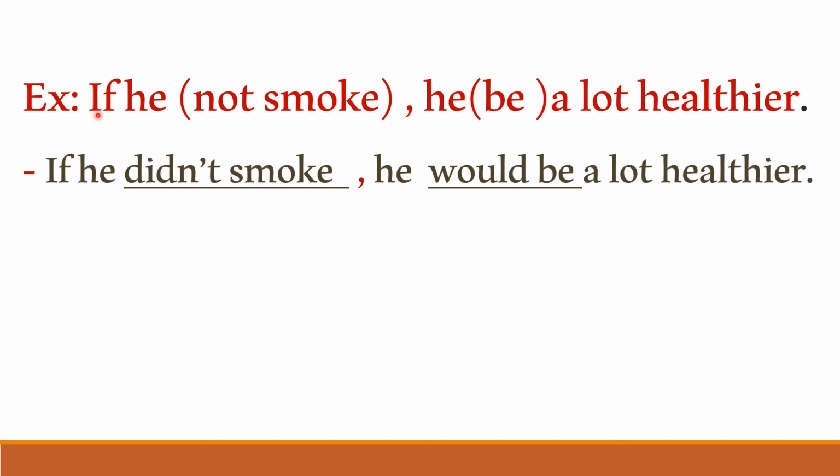After if we put the past simple, subject and verb: he is the subject. But we notice here not, and the verb smoke. So it is negative. In the past simple, for negatives and questions we use did, the auxiliary verb to do, only in the past simple.